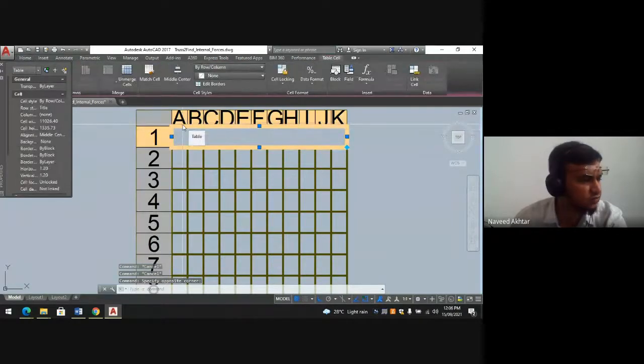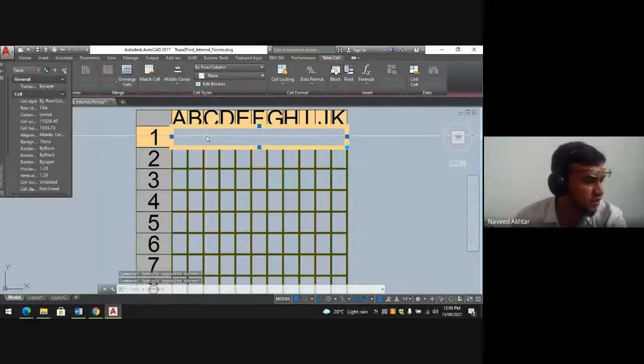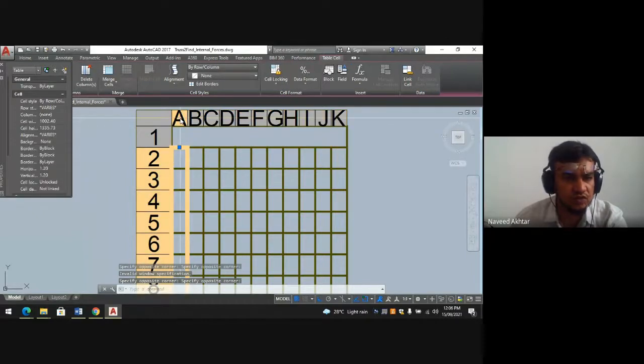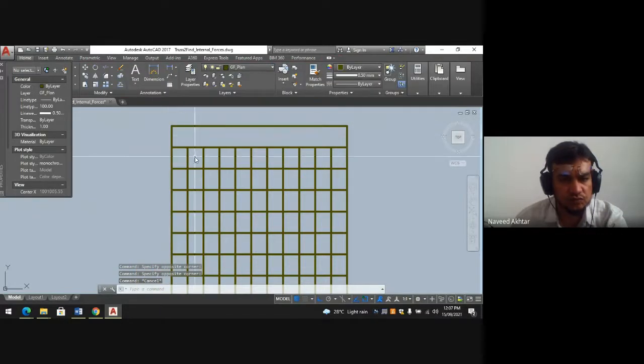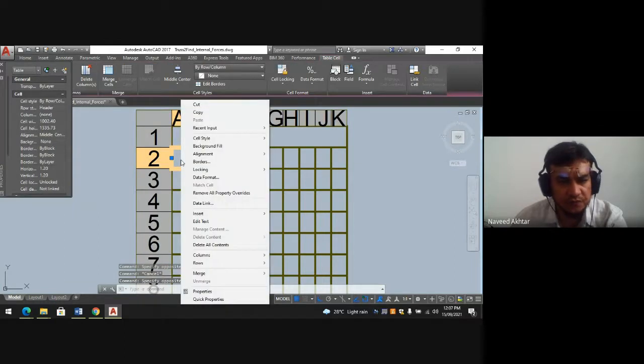Write on the table. This is the title: Truss analysis by graphical method. First row. Join these first two rows.